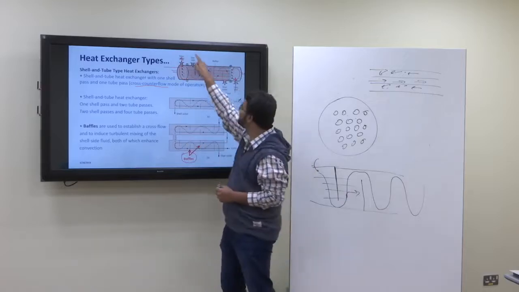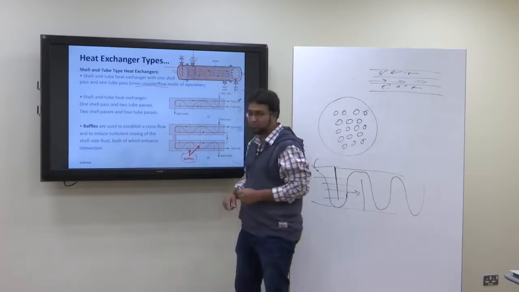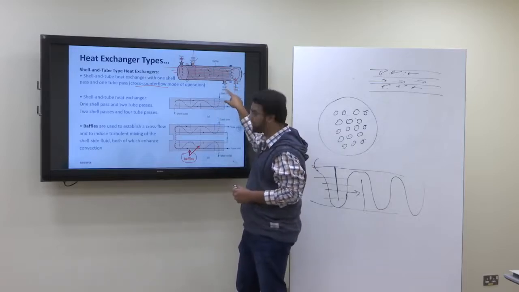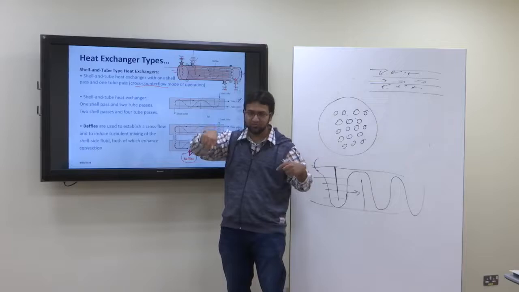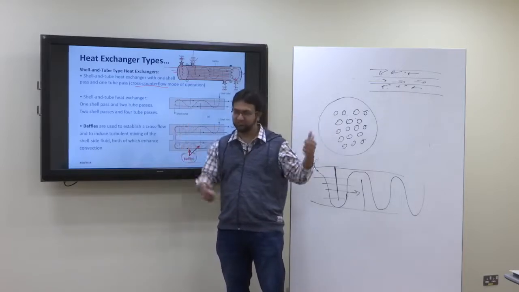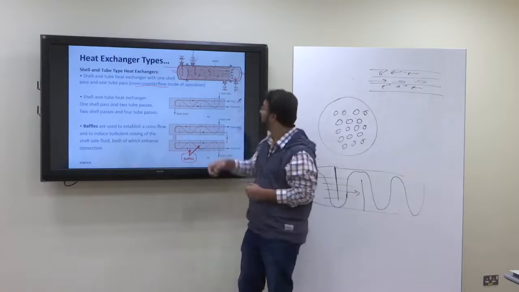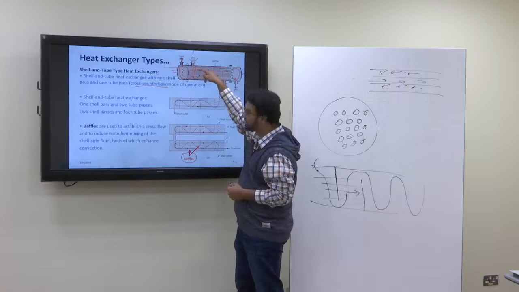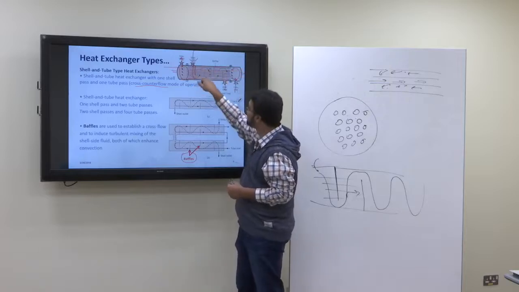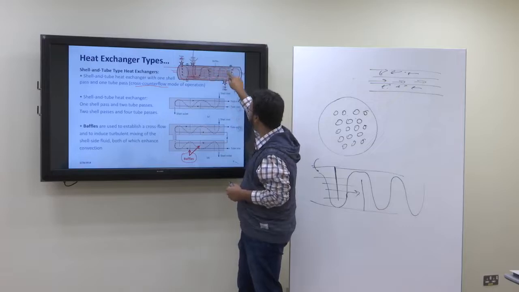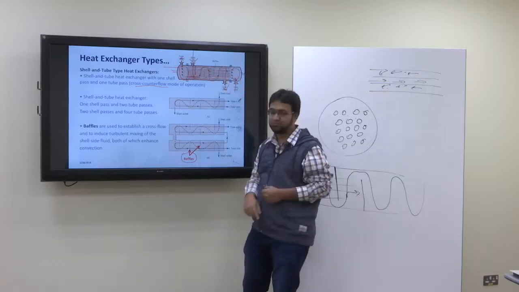On the shell side, fluid enters from the top. Because of the baffle it cannot move directly, so it moves in the cross flow direction, but this is a cross counter flow direction until it escapes.